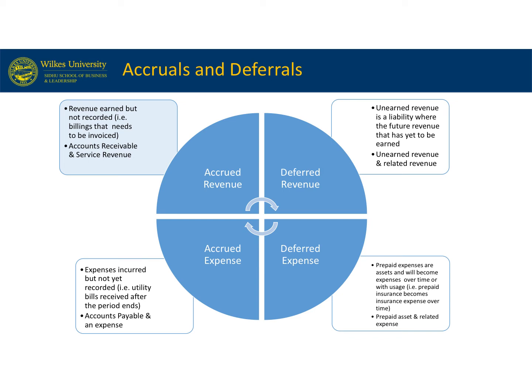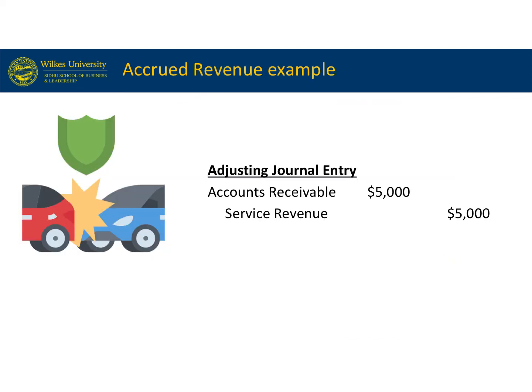So we record accrued revenue by increasing the revenue and increasing the related asset, usually accounts receivable. For example, on December 31st, an auto body shop repairs a dent in a car for $5,000. The customer promises to pay the service fee on January 10th.